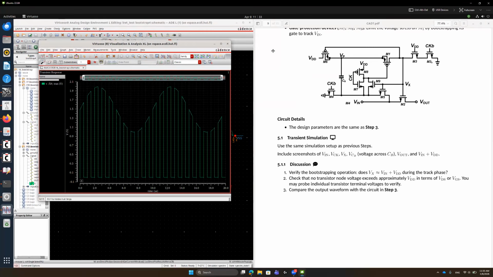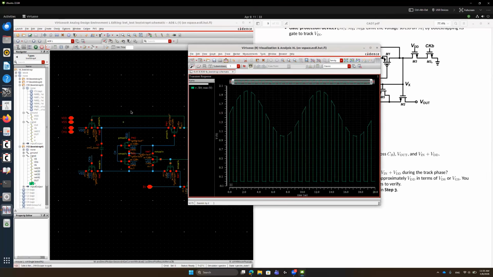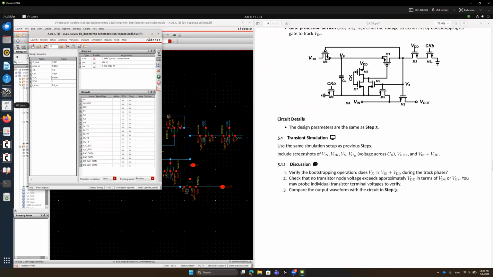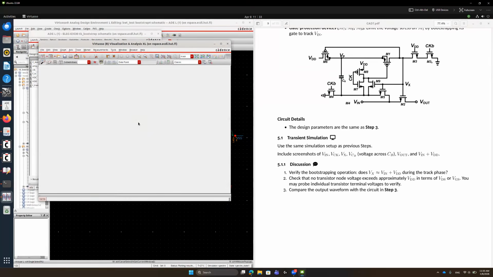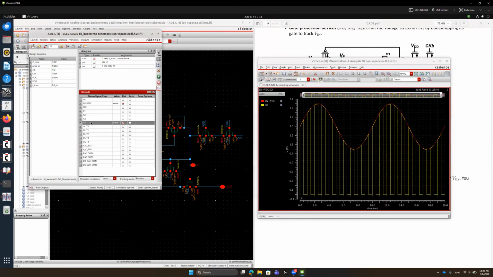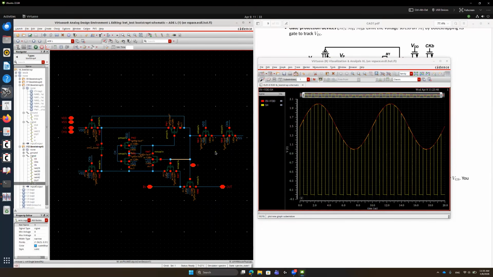Vin plus VDD. The Vin plus VDD node, let me see, maybe it would be better to plot this way. Vin plus VDD during the track phase. Yes. So basically the X4 node is the same as this node.